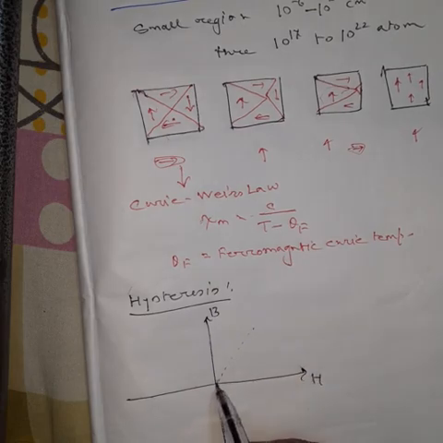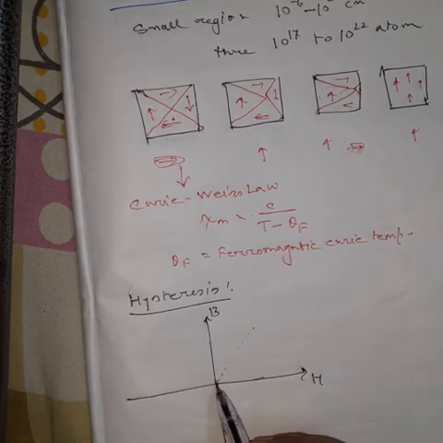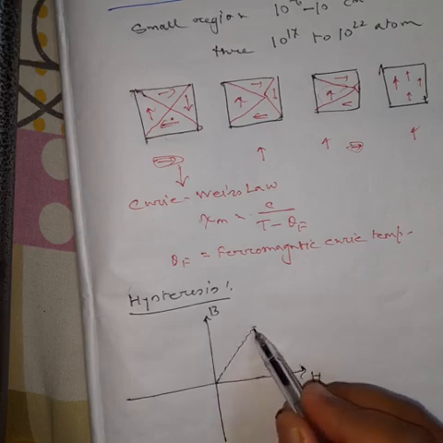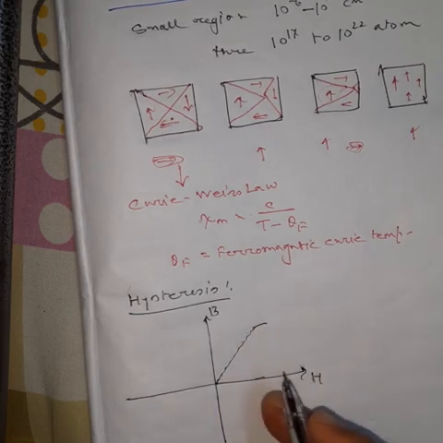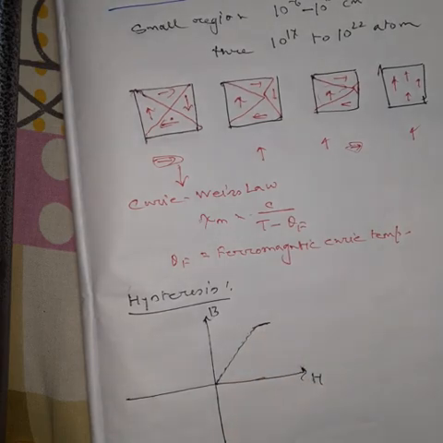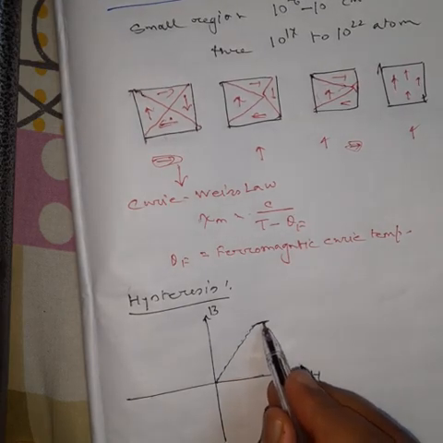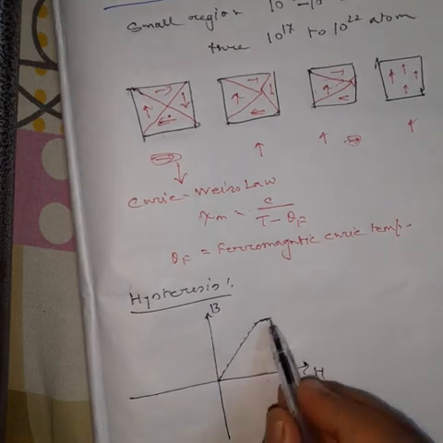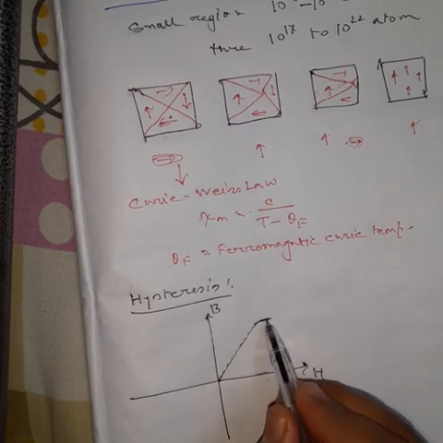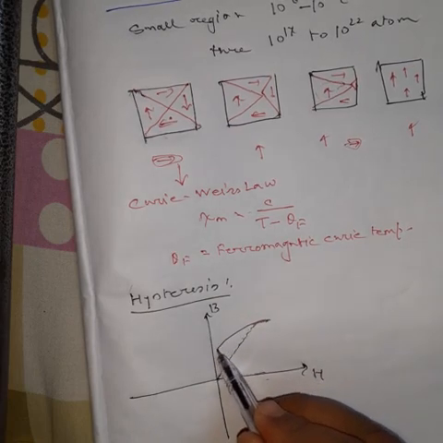If I increase the H value, B will increase, and eventually it will reach a constant, and beyond this, if we go on increasing, it will stay constant. Now I keep on decreasing the value of H. If I decrease H, it doesn't follow the same path as the rise. It follows a different path and comes here.